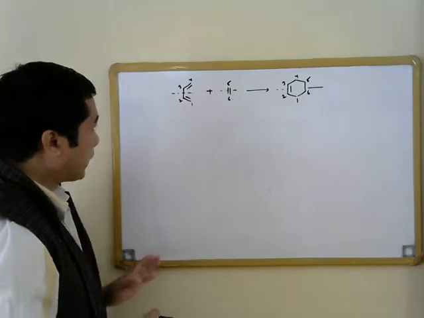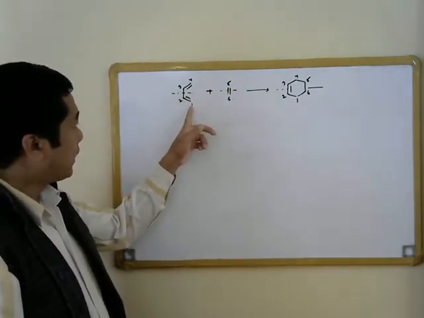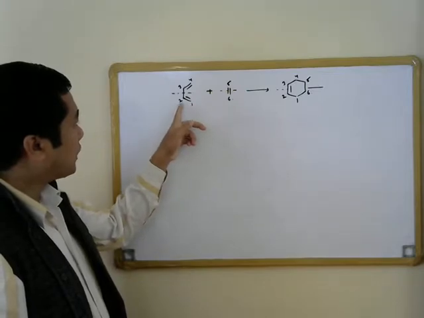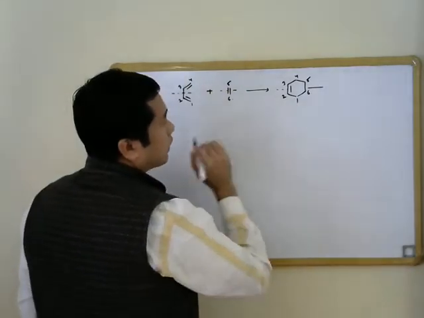So the double bonds that were there between carbon 1 and 2 and 3 and 4 are converted into single bonds.